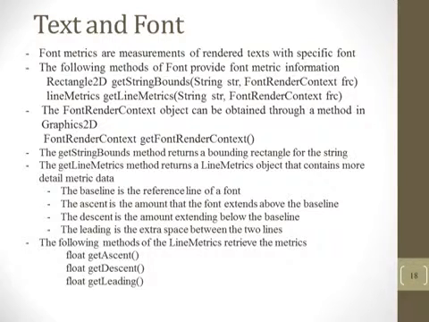The FontRenderContext object can be obtained through a method in Graphics2D: FontRenderContext getFontRenderContext. The getStringBounds returns a bounding rectangle for a string. We also have the getLineMetrics method, which returns a LineMetrics object that contains more detailed line metric data.